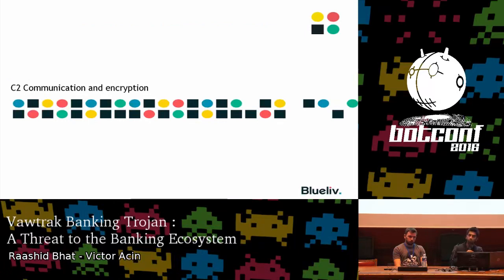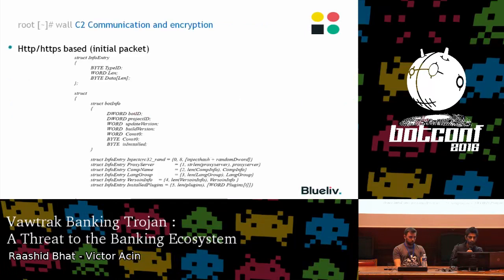Now I'll be discussing the C2 communication and the encryption it uses. The base packet basically goes like this, and depending on the static configuration buffer, it can be either HTTP or HTTPS.